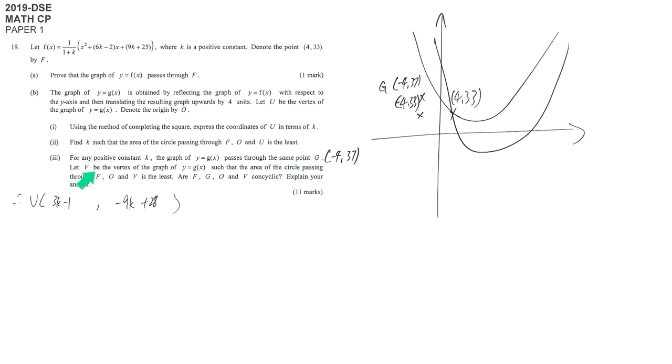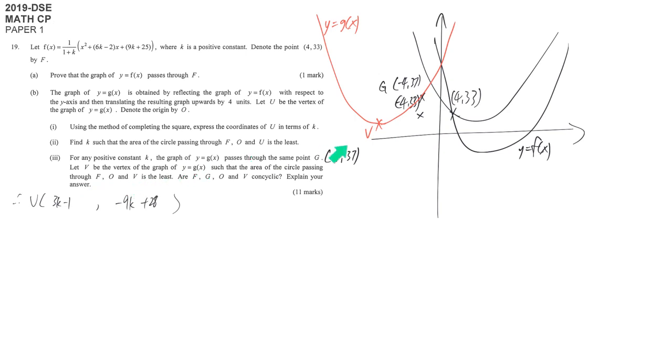After that, they say that V is the vertex of the graph. The red line is y equal to g(x). V is the vertex of the graph. I have no idea why they need to use another label, but we just refer to U here, no difference at all. Such that the area of the circle passing through F, O, V is the least.